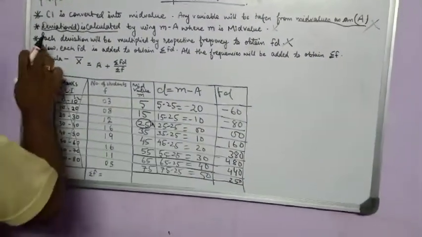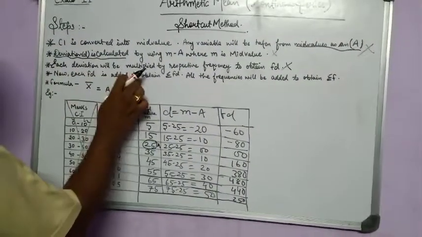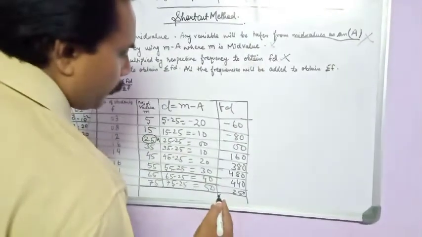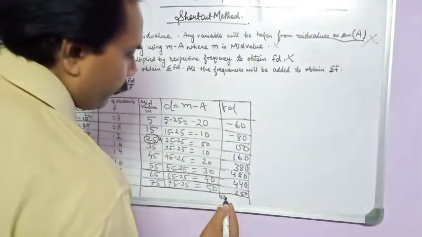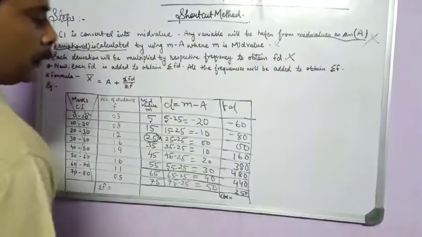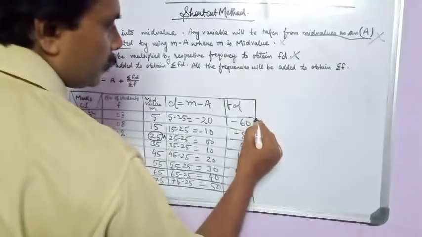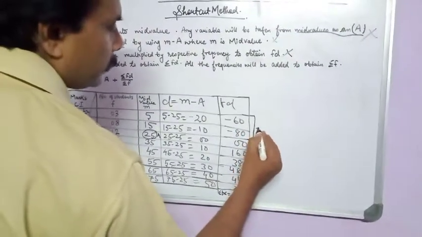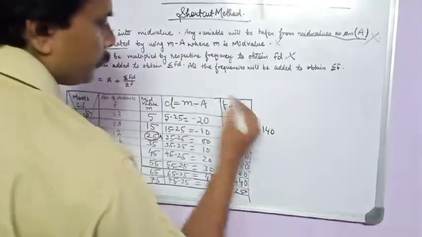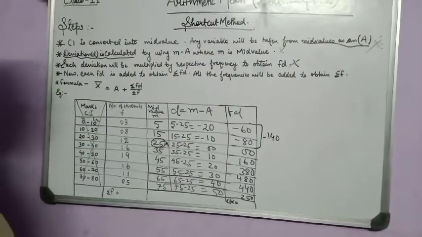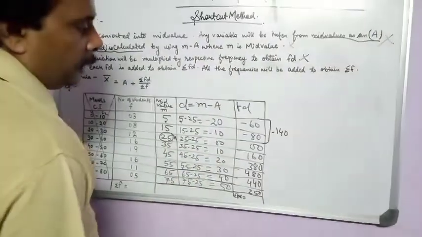Now each FD is added to obtain the sum of FD. The negative values: minus 60 minus 80 is minus 140.